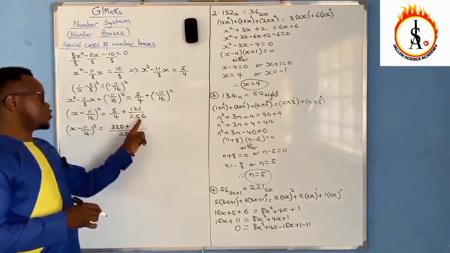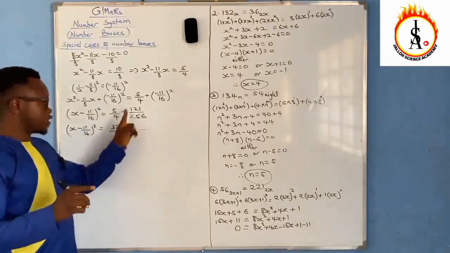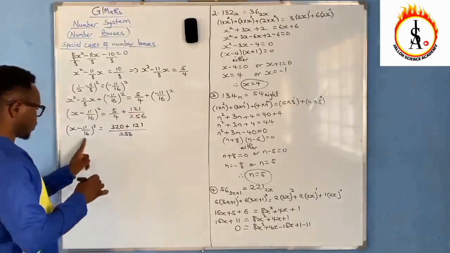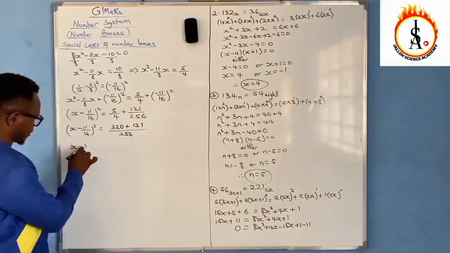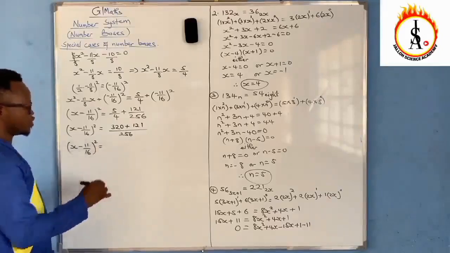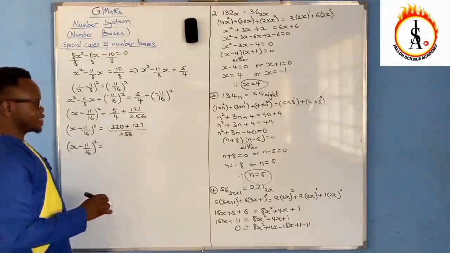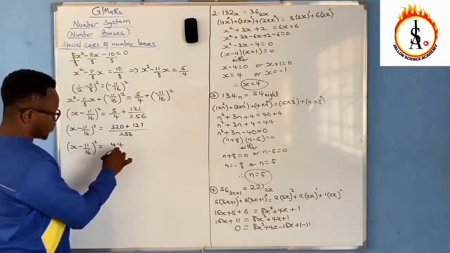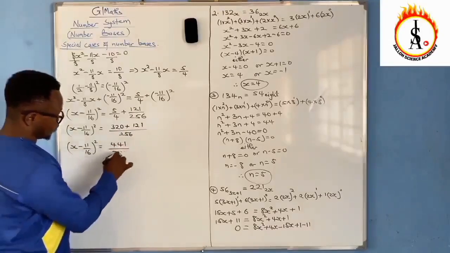Plus 256 into itself is 1. 1 multiplied by 121, we get 121. So here, we still write x minus 11 upon 16 squared is equal to, if we add these two, we'll get 441. That's 441 over 256.